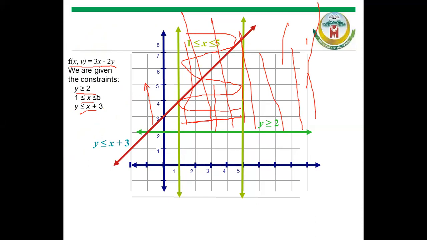From this point, y is less than or equal to x plus 3. So on this line, y is always equal to x plus 3.